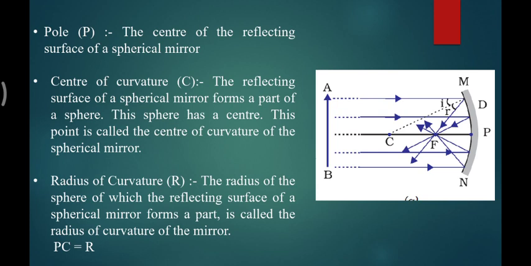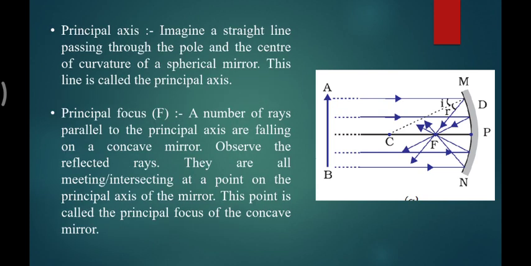Now see the definition of the radius of curvature. The radius of the sphere of which the reflecting surface of the mirror is a part, from which it is cut out. If you see the whole sphere of this reflecting surface, its radius will be the radius of curvature. In simple language, the distance between the pole and the center of curvature is named as radius of curvature, represented by capital R. Let us go ahead.